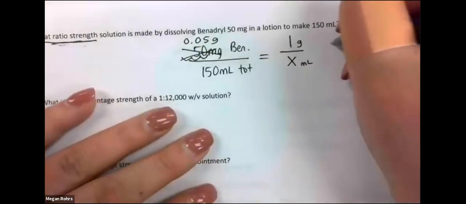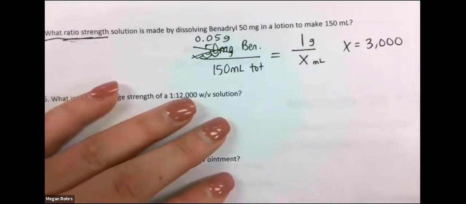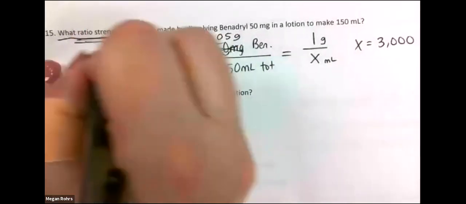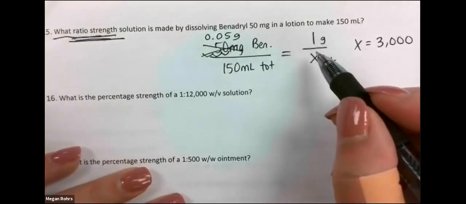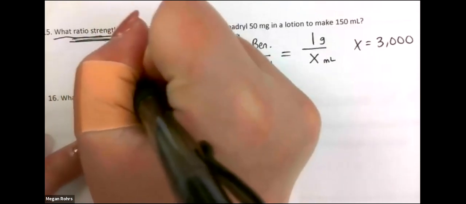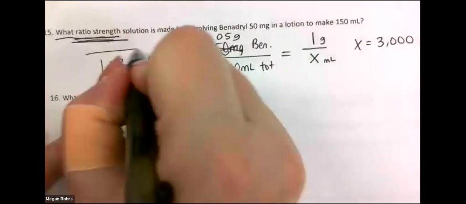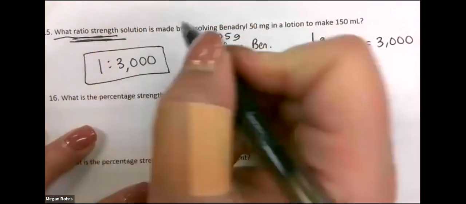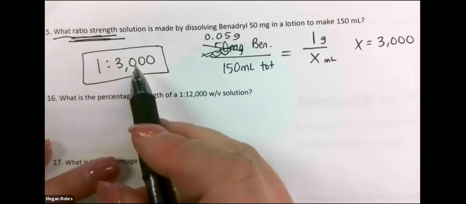And that gives me 3,000. Now the question wants our answer in ratio strength. So 1 over 3,000 is the same thing as 1 to 3,000. So that should be your final answer. If they're asking for ratio strength, leave your answer in a ratio form. Okay.